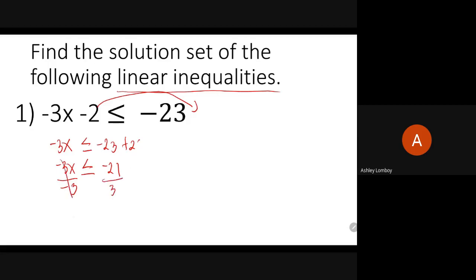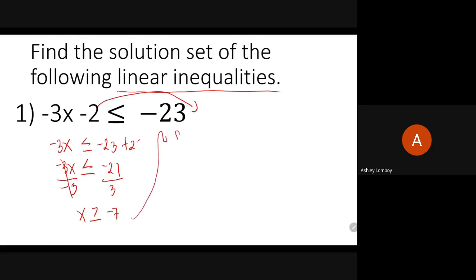As mentioned earlier, when you divide both sides by a negative number or multiply both sides by a negative number, you have to reverse the inequality sign. The less than or equal will become greater than or equal, negative 7. Negative 21 divided by negative 3 is positive 7, so x is greater than or equal to negative 7.